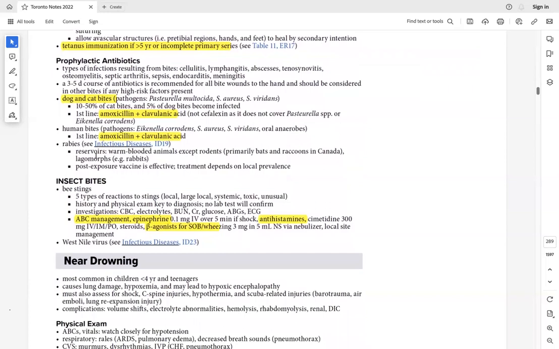But if we find the animal is there, if it was a pet, then we keep the animal and monitor the animal for signs of rabies. Okay, but if it is a wild animal, then we do the euthanasia, cut the head and check it and everything for the signs of rabies. So you should know what we have to do if the animal runs away. If we have the animal, then what we have to do, and follow up and assess the patient for any signs.